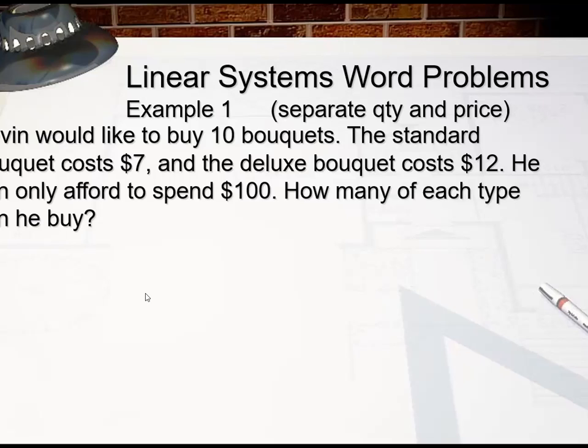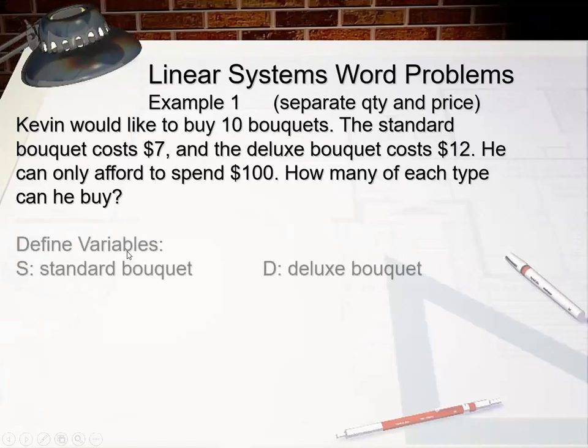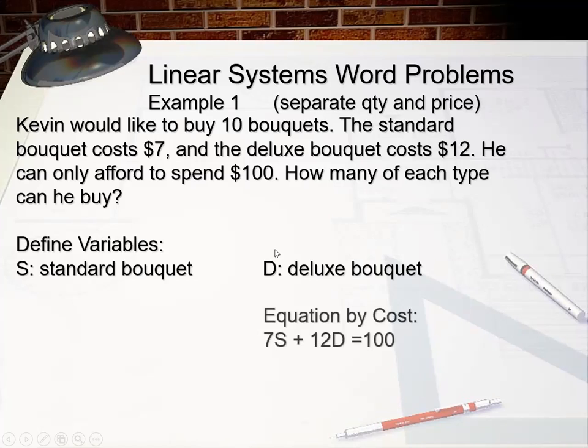So let's pick some variables here. Since we're talking about standard and deluxe, we are not limited to X and Y. We could actually pick the letter S for standard and D for deluxe. They have some meaning to us. Now we want to know, can we create a cost equation here?